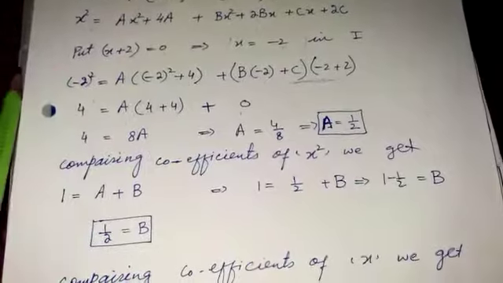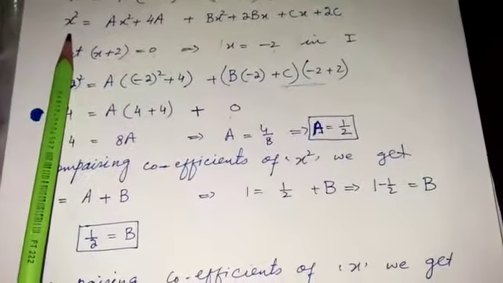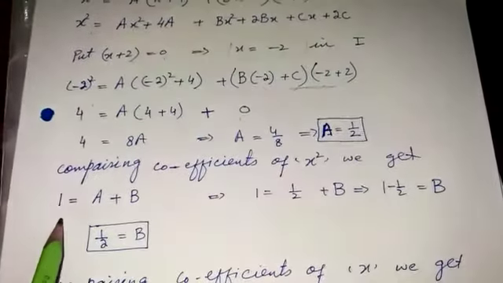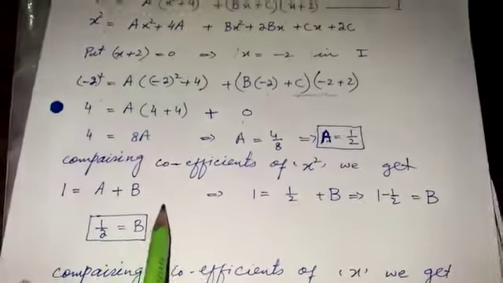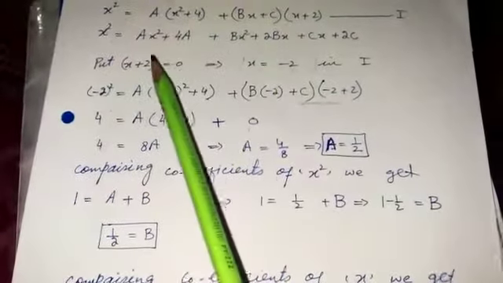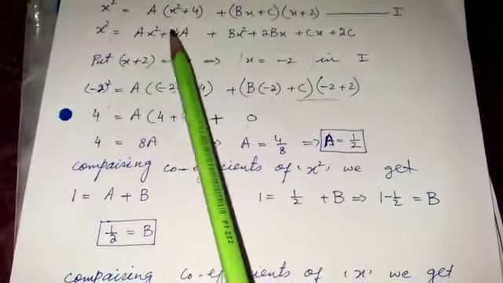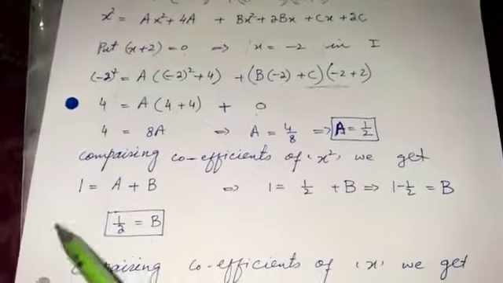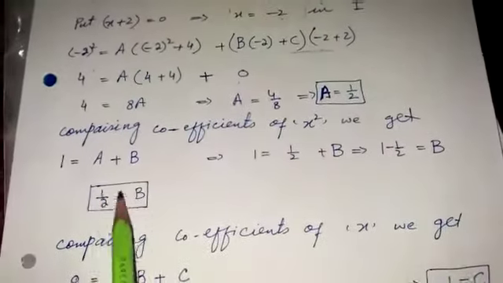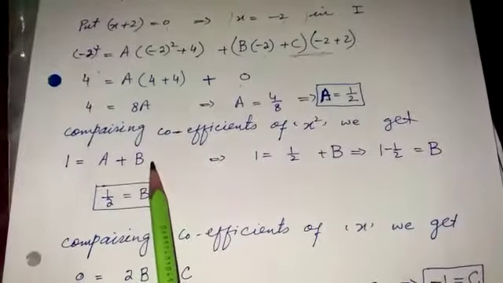The coefficient of x square on the left side is 1, equals a plus b, the coefficient of x square on the right side. So we write here 1 is equal to a plus b.